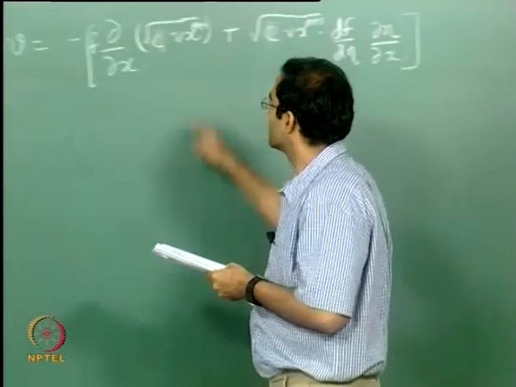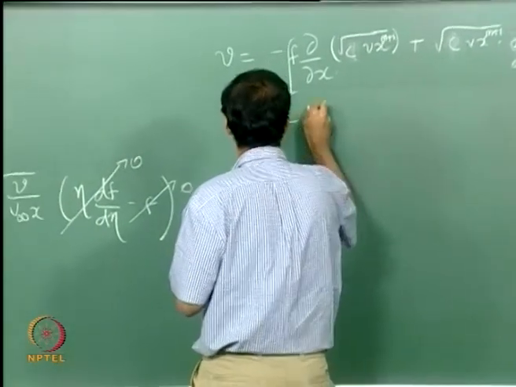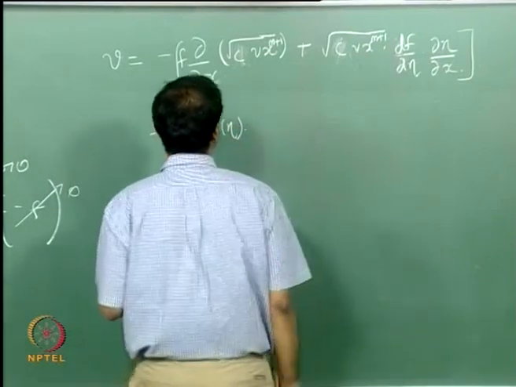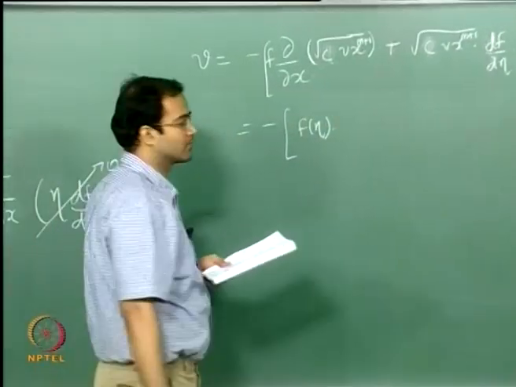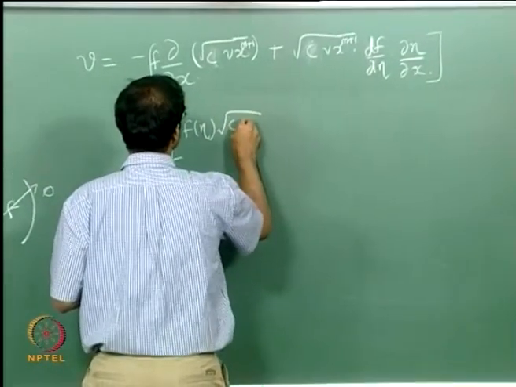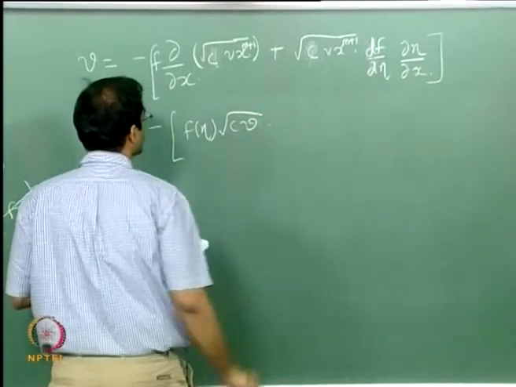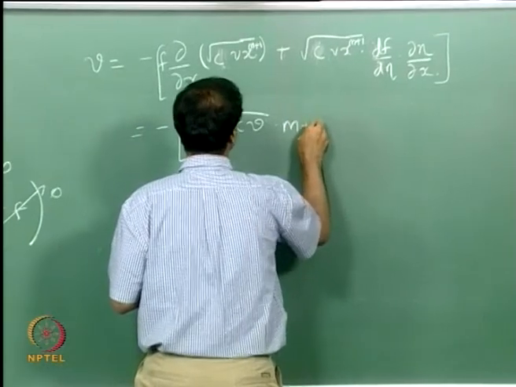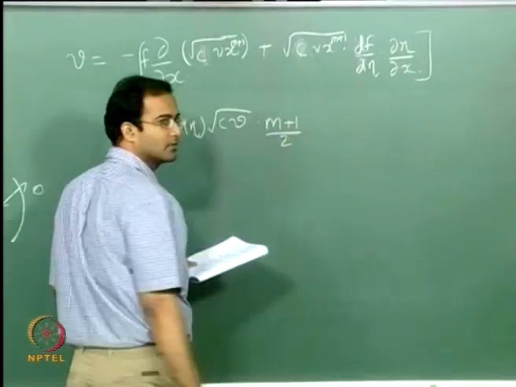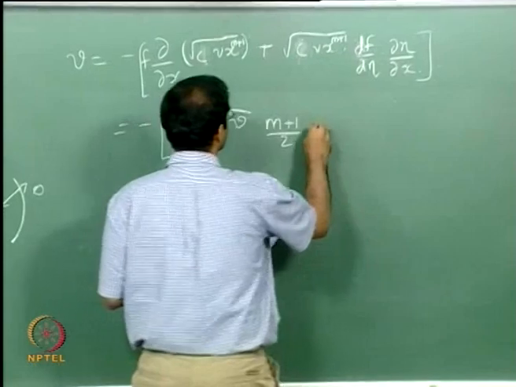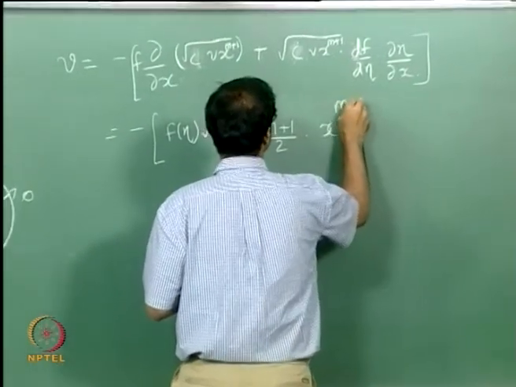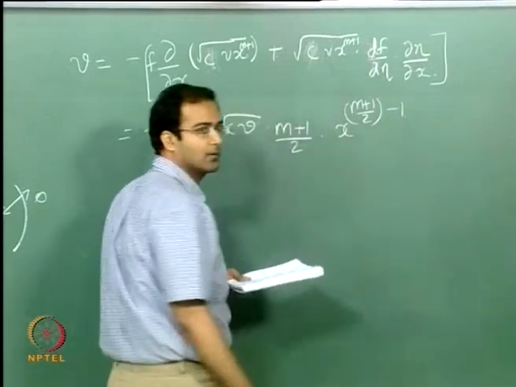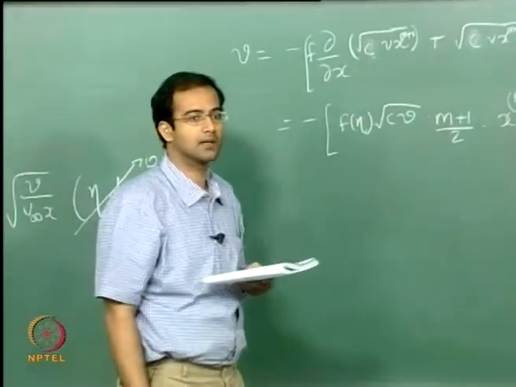So now how will you differentiate it? So you have minus f of eta, so d by dx of this, square root of c nu, this is a constant, so this is m plus 1 by 2, right, into x to the power m plus 1 by 2 minus 1, alright.